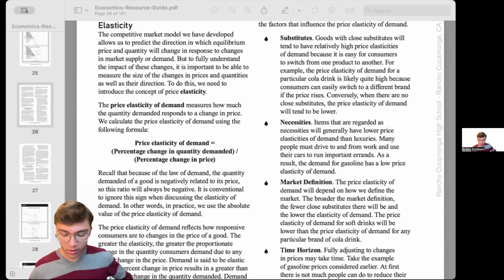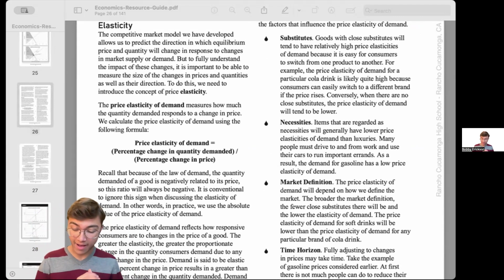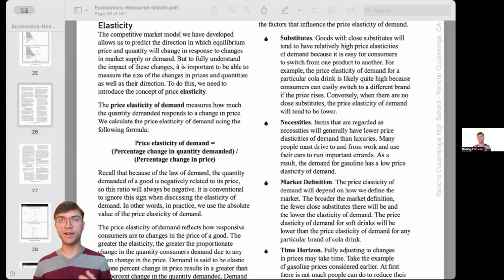So how do substitutes impact elasticity? Well, if we have goods with close substitutes, then they're going to have high price elasticities of demand because consumers can switch easily from one product to the other. So, for example, let's go back to bread and bagels.